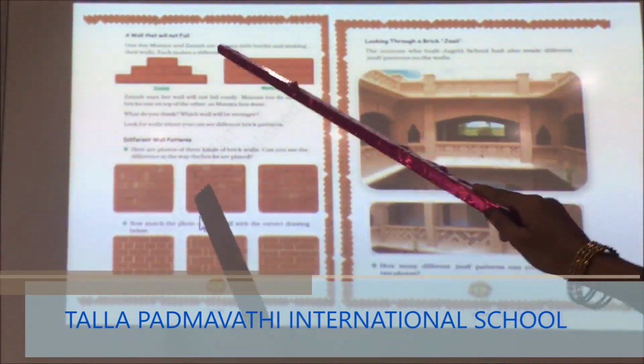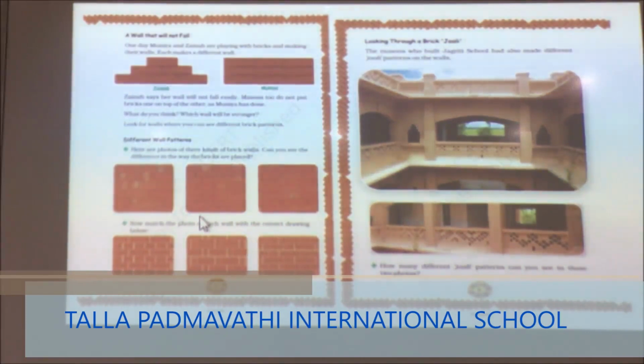So Zainab's wall was stronger as each brick was giving support to another brick. You can also observe the walls made around your house where constructions are going on, and you can notice the pattern of how they are arranging the bricks so that the wall is stronger for a good building.